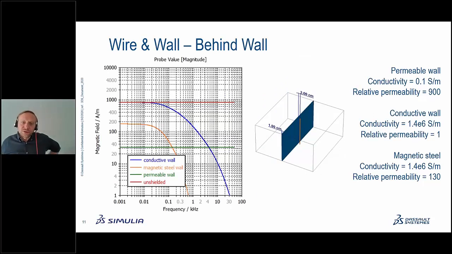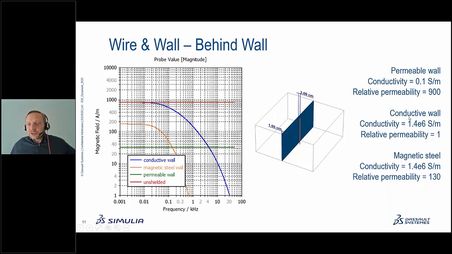And if we do this, first I did it for the conductive wall, and what you get is the blue line, which is the field when the wall is purely conductive. You can see, of course, at 1 hertz and so on, there is no shielding, and then once induced currents are happening in the wall, a shielding effect is created and it drops off very nicely.